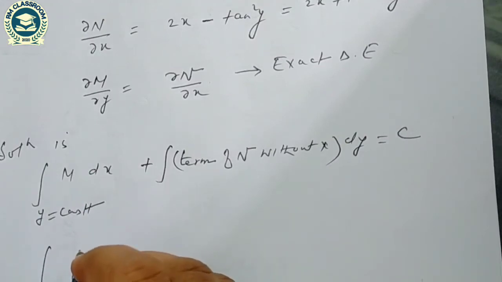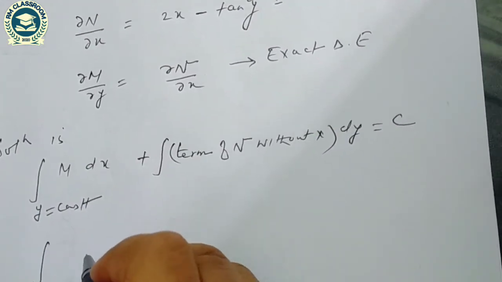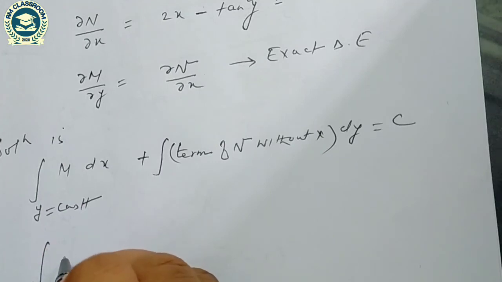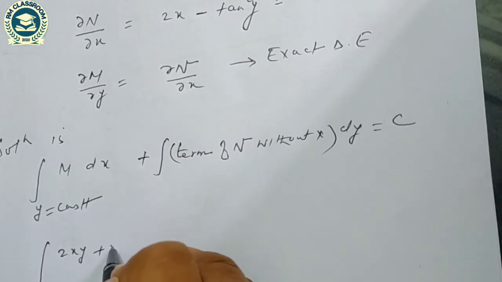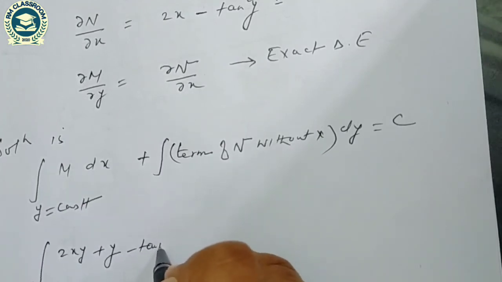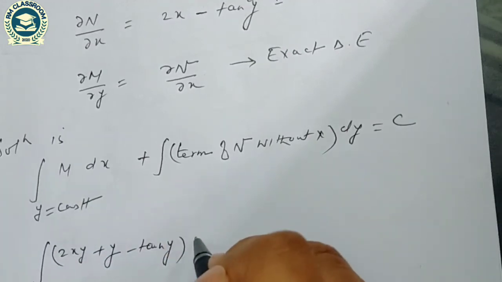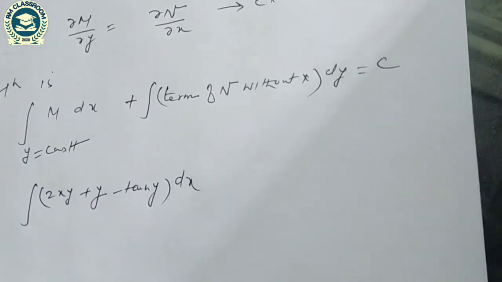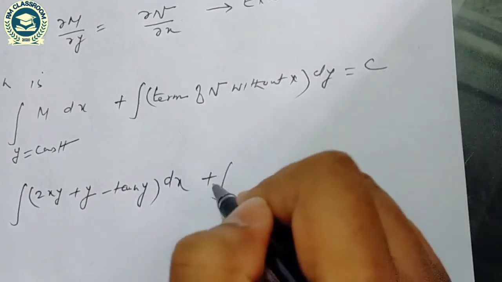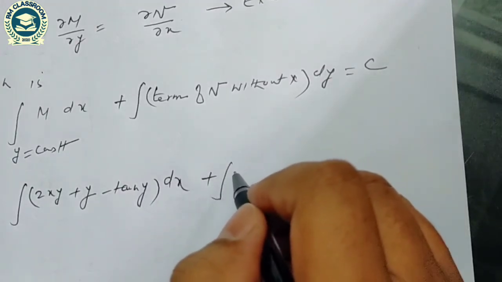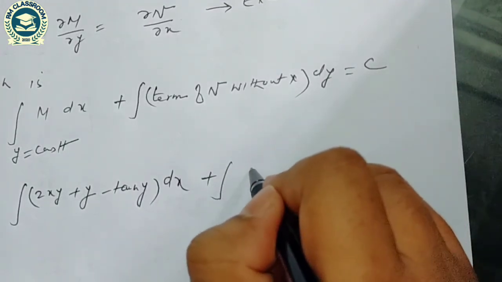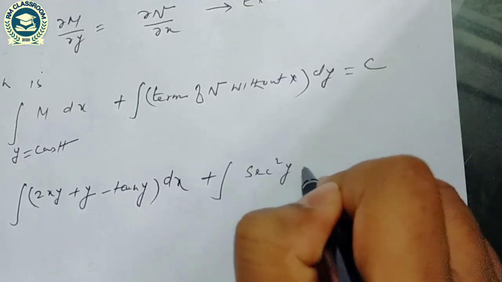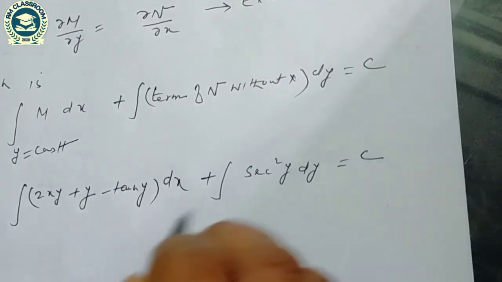So M is 2xy plus y minus tan y, so the integral of (2xy plus y minus tan y) dx, where y is constant, plus the term of N without x. The term of N without x is sec square y dy, equal to a constant.